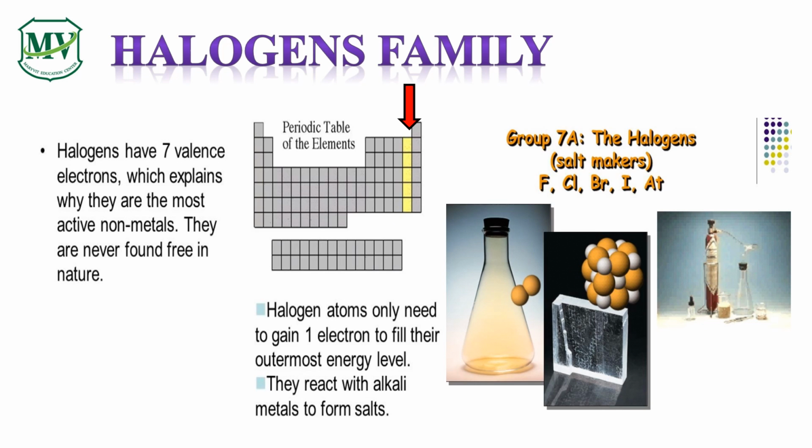They only need to gain one electron to fill their outermost energy level. They are known as salt makers because they react with alkali metals to form salts. Fluorine, chlorine, bromine, iodine, and tennessine were given names from the Greek root hal, or salt, and gen, to produce.